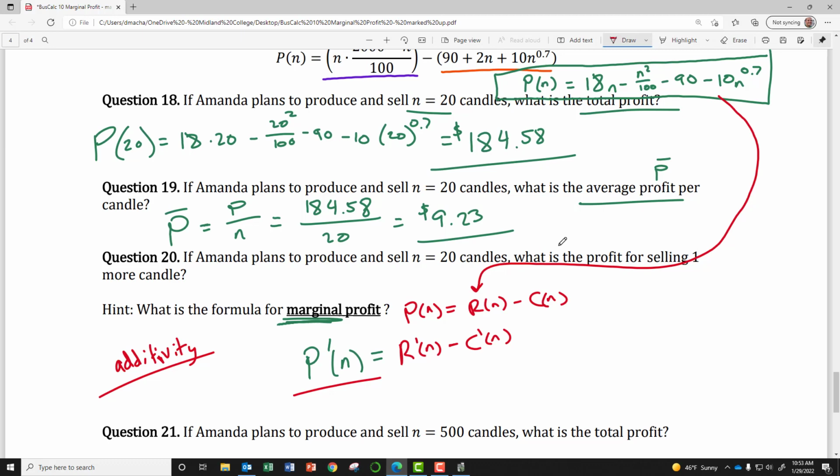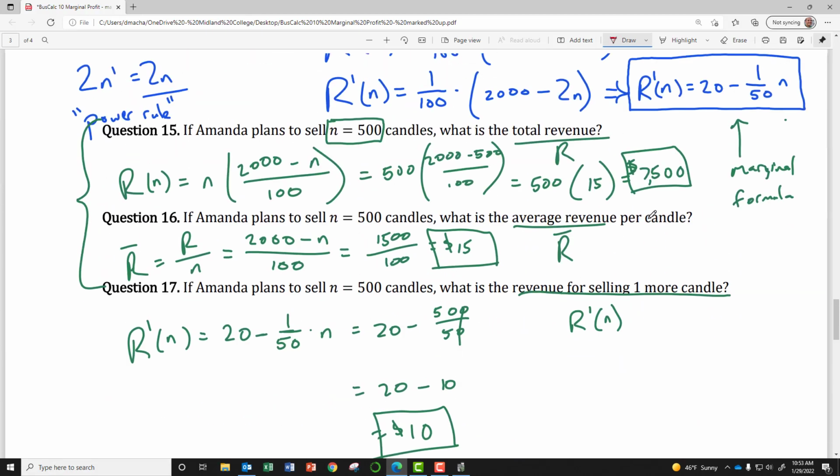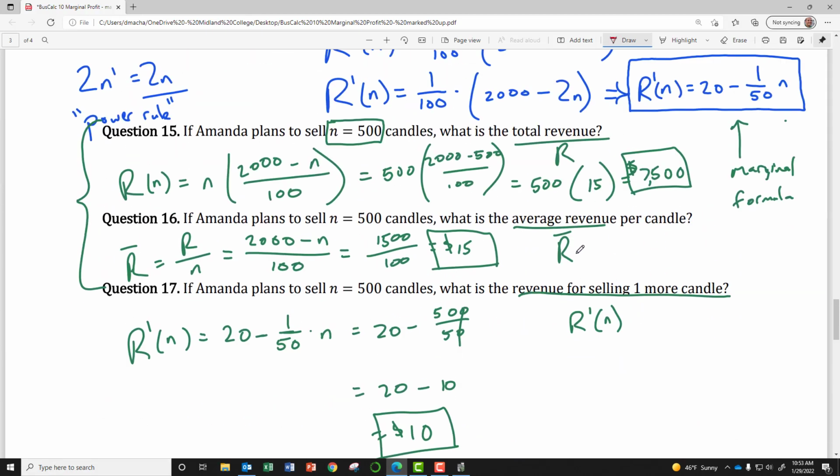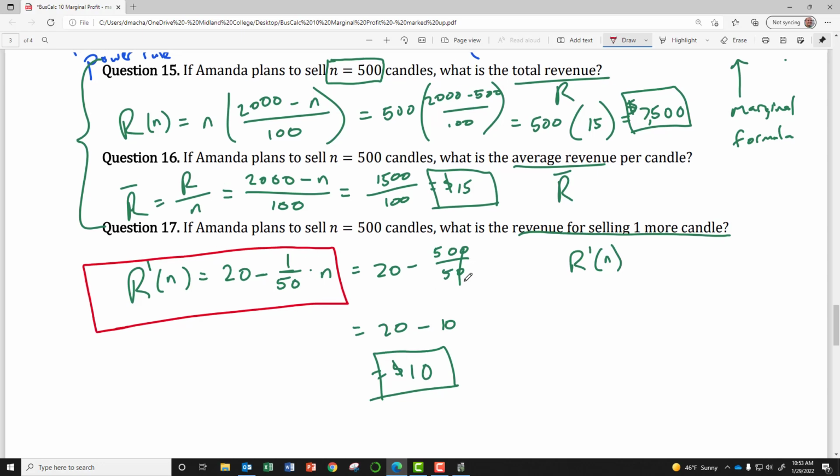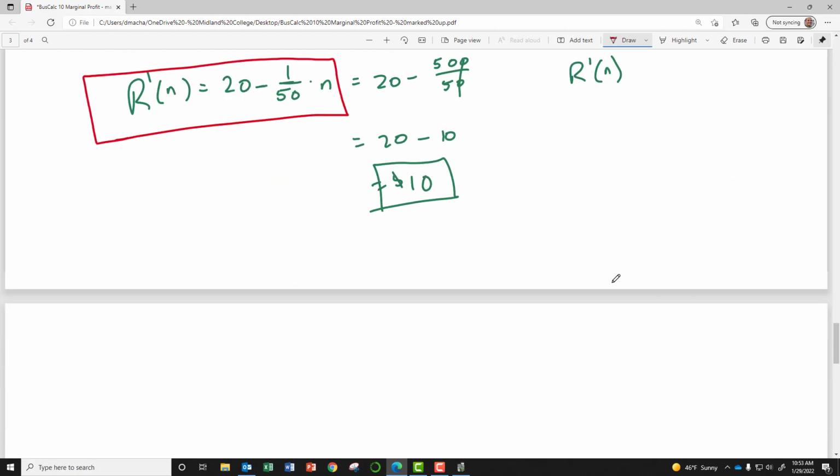Okay, but knowing this, and knowing that we did have an r prime and a c prime function, let's go back and figure out what was r prime. Well, r prime was this. It was 20 minus n over 50. That's what we found, 20 minus n over 50.